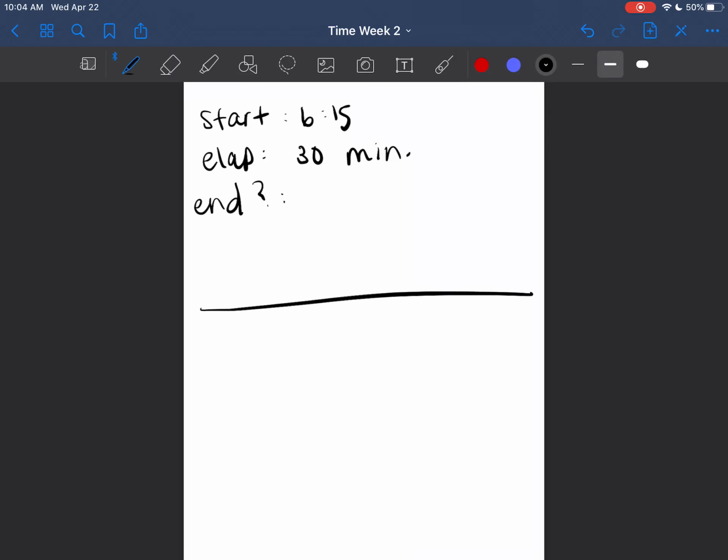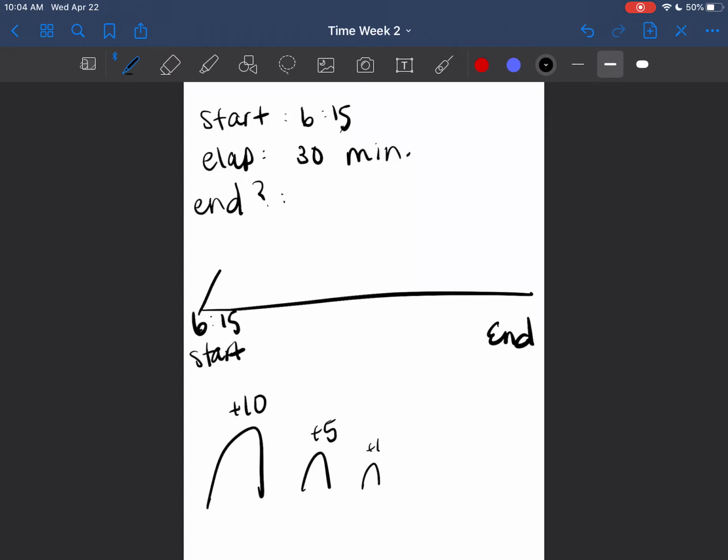Start is 6:15. Elapsed is 30. Remember, elapsed and duration mean the same thing. That's how much time is passing. And we want to know what time it was when she stopped watching TV. I'm going to use my number line, start and end. And finally, remember, we can make hops of 10 minutes, 5 minutes, and 1 minute. If it's 6:15, that is my start, I'm going to make a hop of 10. 6:15 plus 10 minutes is 6:25. Another hop of 10, 6:35.